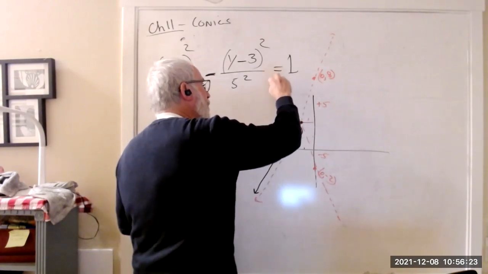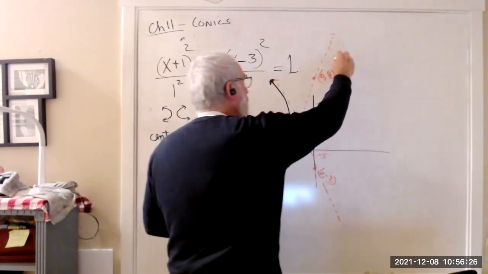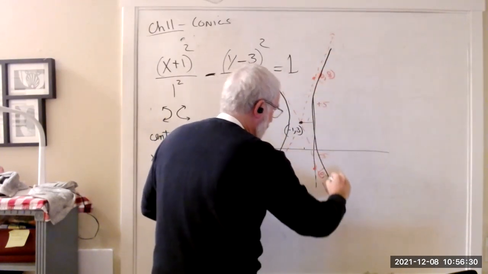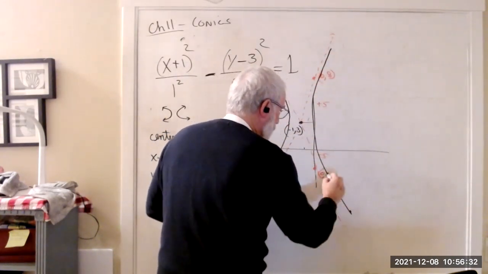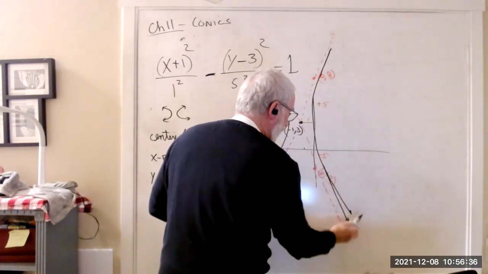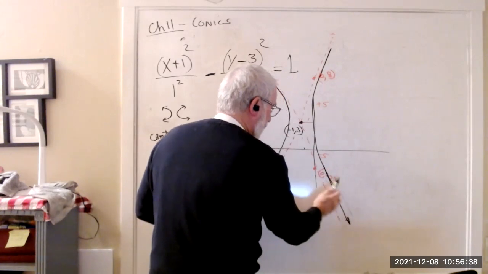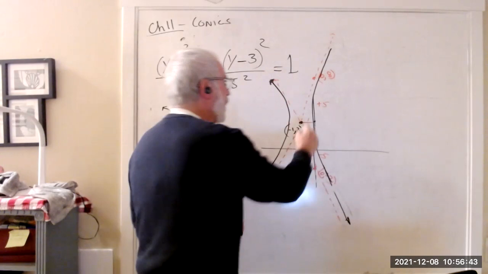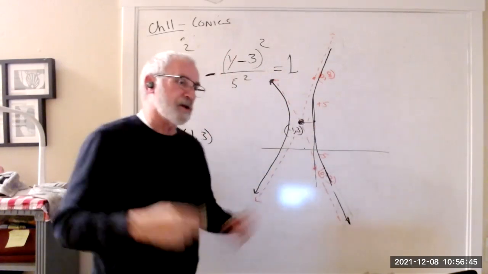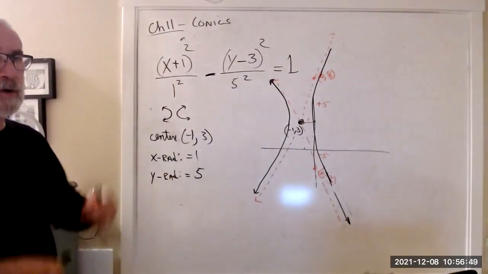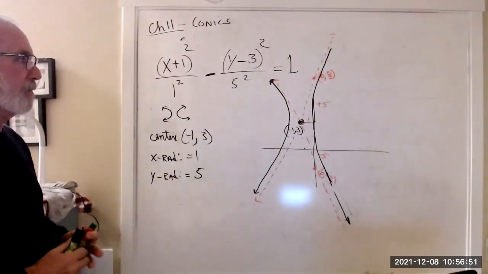So that would be one branch of my hyperbola. And the next branch would be something like this. Oops, wrong. It will get closer to the asymptote. I'm just drawing it bad. Now, what it does not do is touch the center. It doesn't go in and touch the center, but don't worry about it.